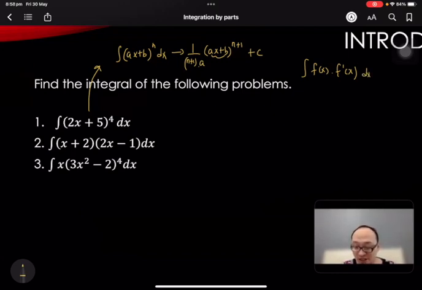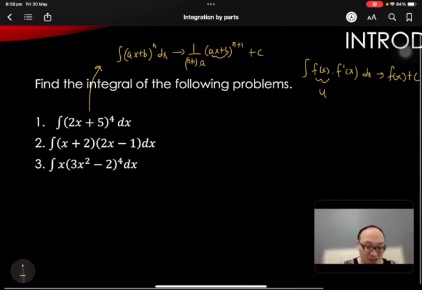The result, using the substitution method, will be f(x) plus c. So we can use f(x) as u.